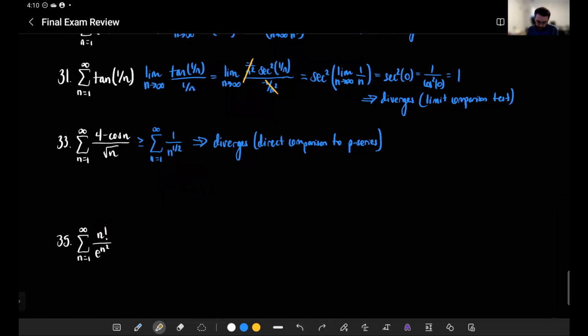N factorial is huge. So the numerator is blowing up. I expect this to diverge. And all I have to do to test that is the divergence test. I guess I don't want to do that because I don't know how to take a derivative of n factorial. I mean, I do, but you guys don't.